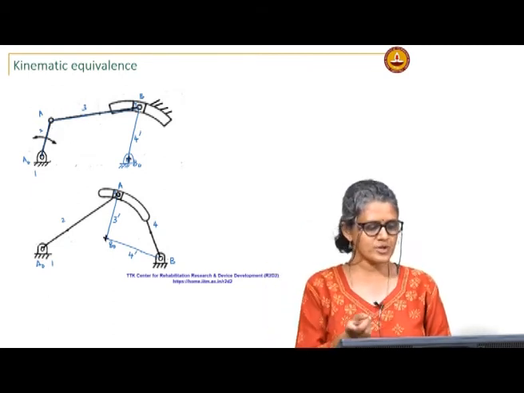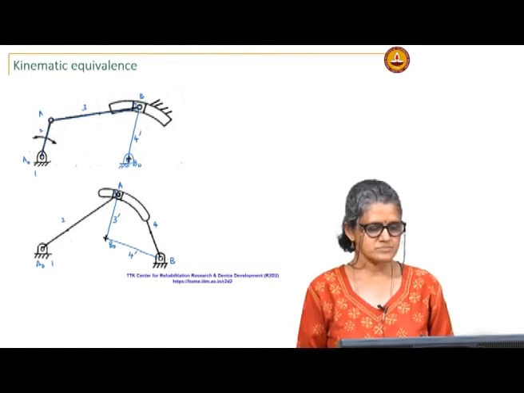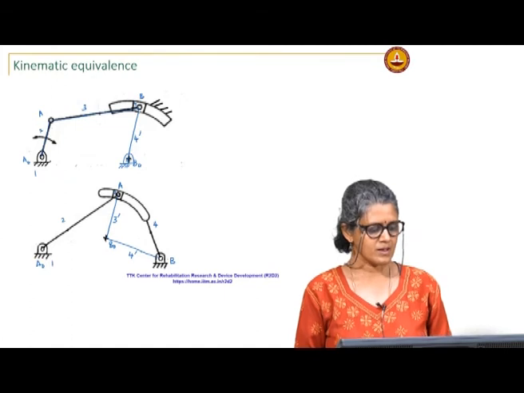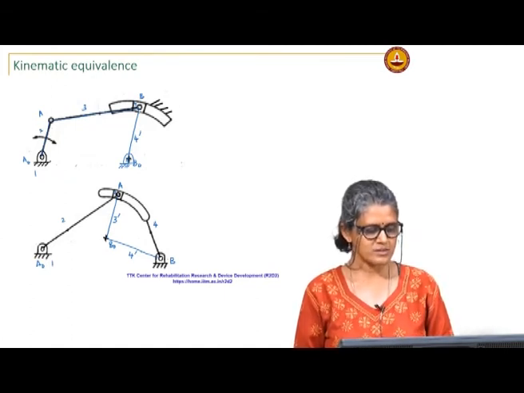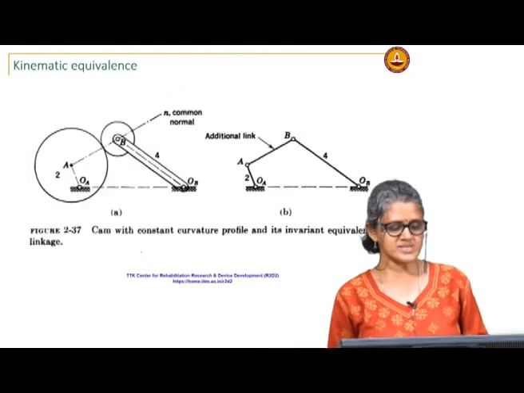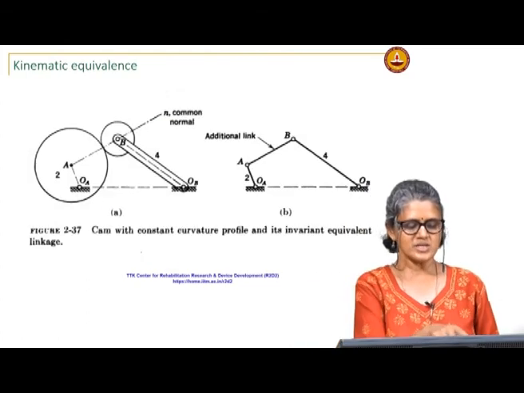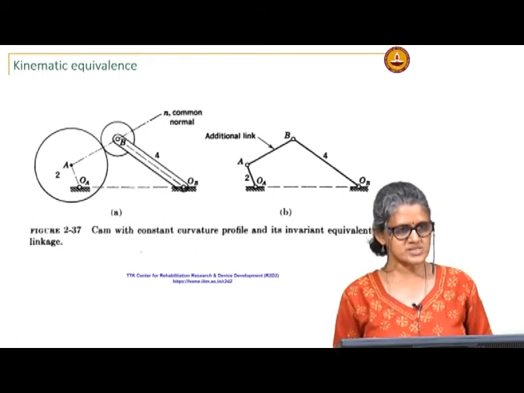So, the input output relationship will be the same between 2 and 4 dash, and here between again 2 and 4 dash at that particular instant.